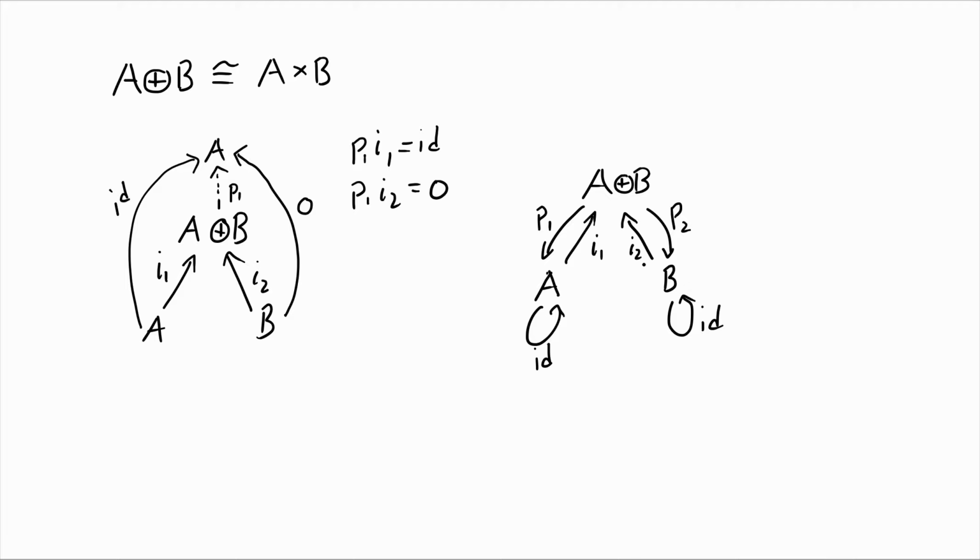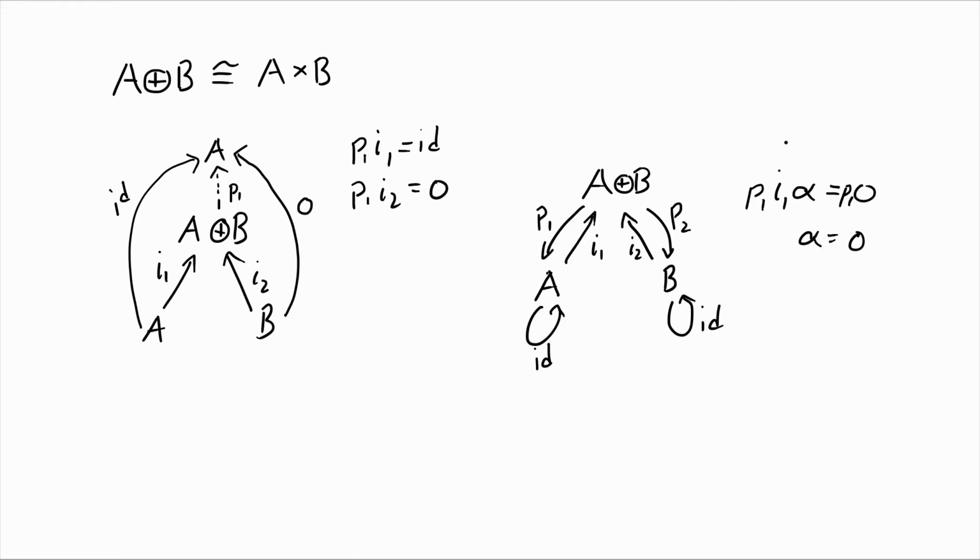Just looking at these for a minute, if we have I1, and let's suppose we put any map alpha before it, and suppose that this composition is actually the zero map. Then if we compose P1 on both sides of this, notice what we'd get. On this side we'd have a zero map. On this side, this is the identity, so we just get alpha is equal to 0.